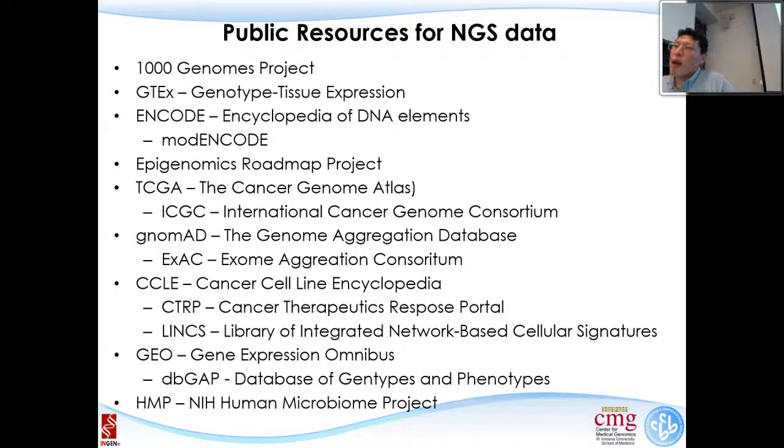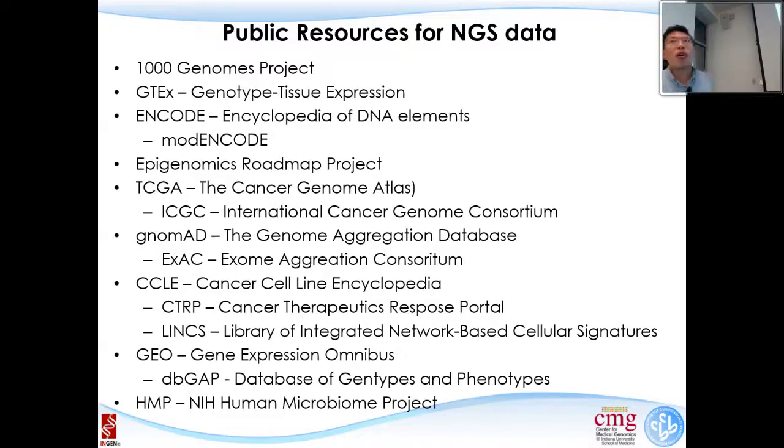The second part that we discussed last time was the public resources that are available for next generation sequencing data. We went through the 1,000 Genomes Project. The goal for this project is to identify the genetic variants across major populations. Again, the Human Genome Project helps us define the DNA sequence of the human species, but 1,000 Genomes is trying to figure out how different we are.